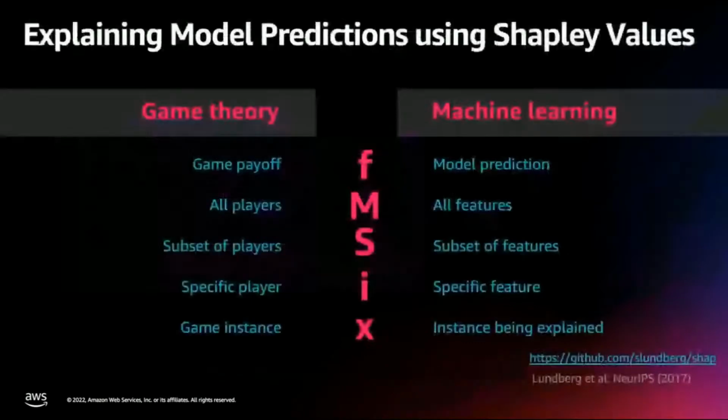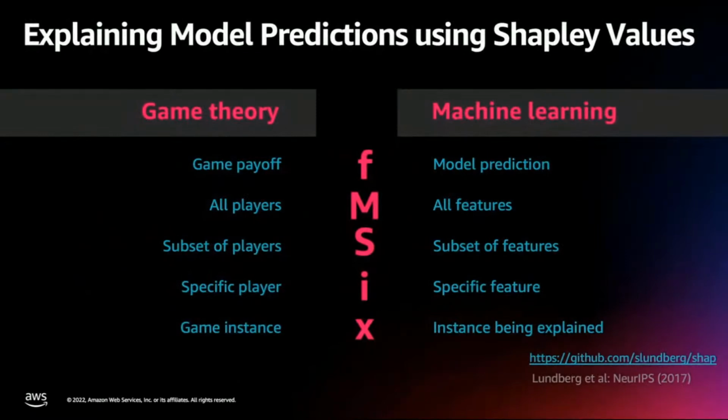Here's how we can think about this translation. And on the next slide, I'll show you a formula of sorts, if you wish. We need to understand how that translation works. Whatever used to be the game payoff in game theory becomes the model prediction in machine learning.